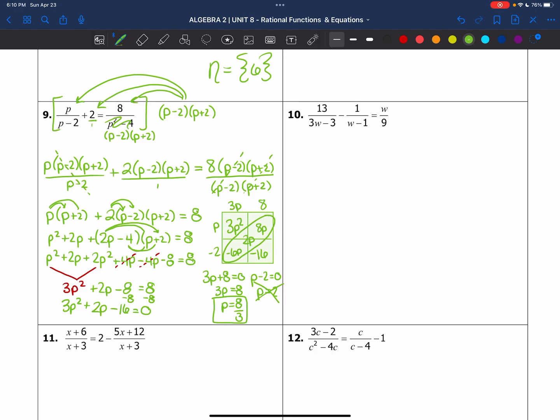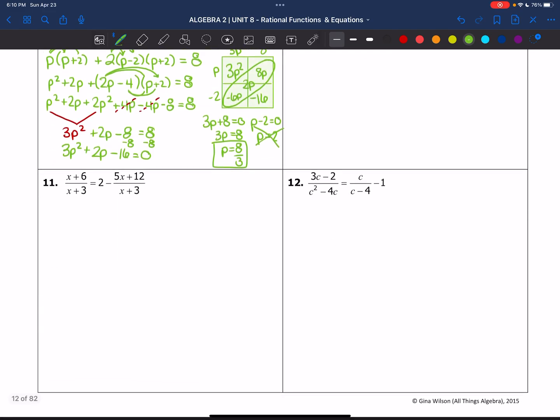All right, so that was about the most challenging kind that we can see. Let's look at this last one here. Again, we want to use our least common denominator. There really is just one value here that we have in our denominator. It's just to multiply by x plus 3. So let's do that.